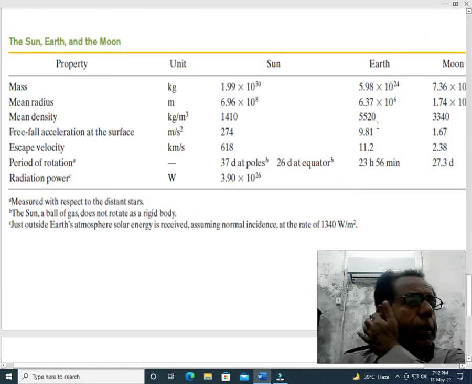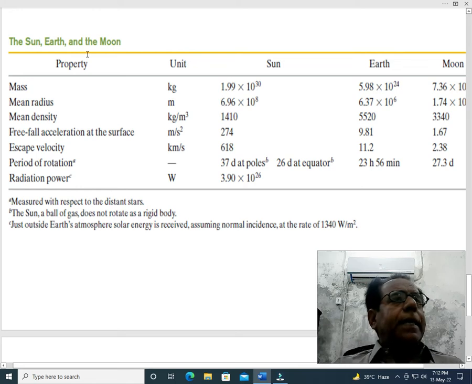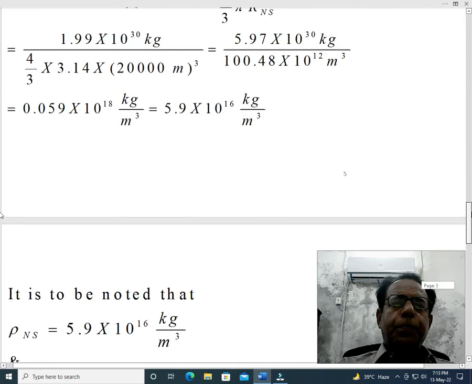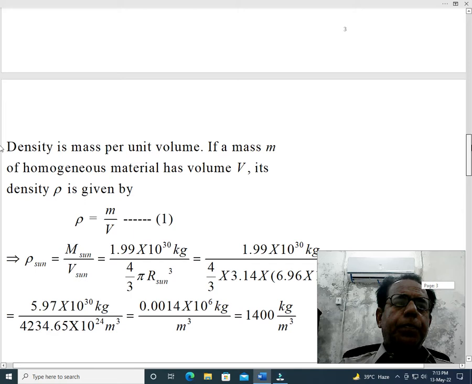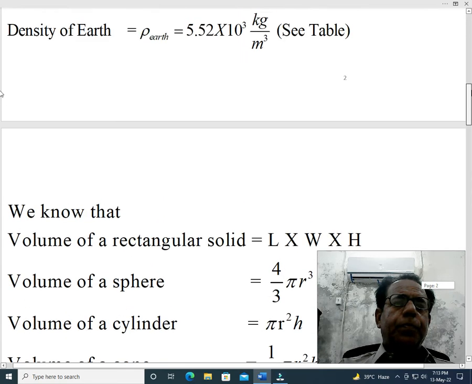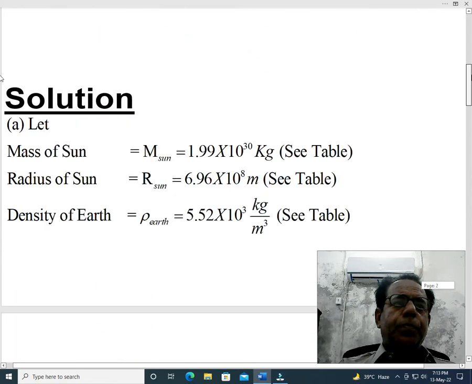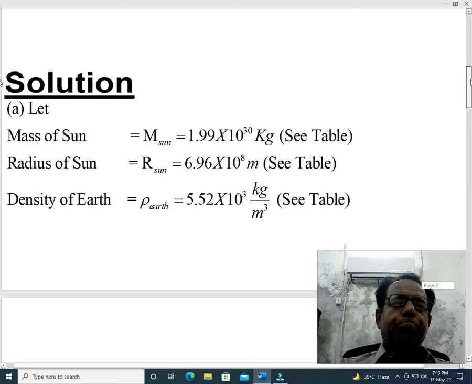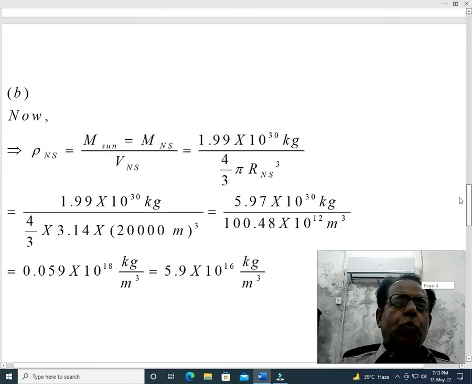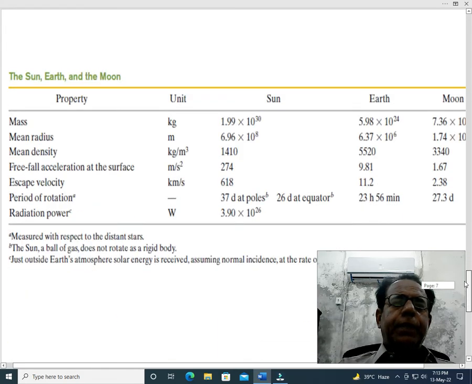This is the table: the sun, earth and the moon; mean radius, mean density.